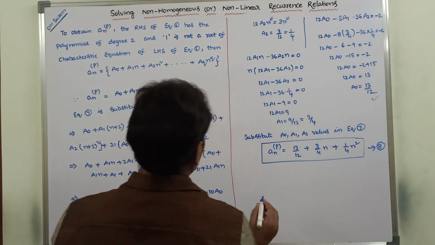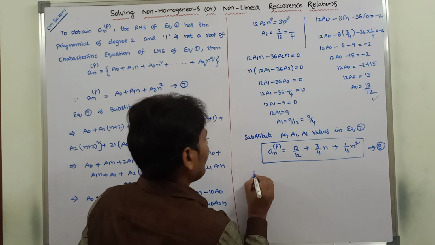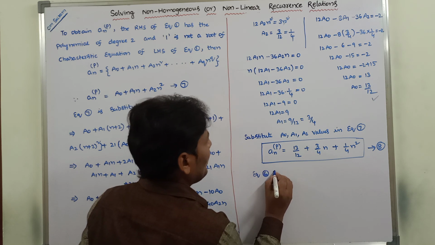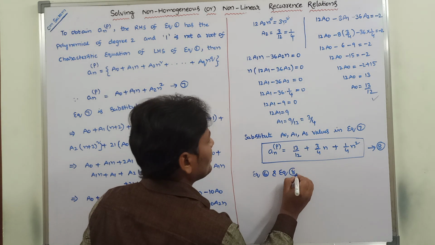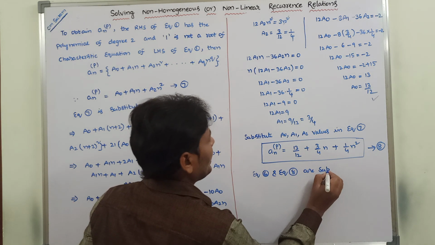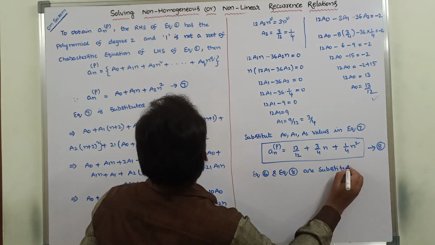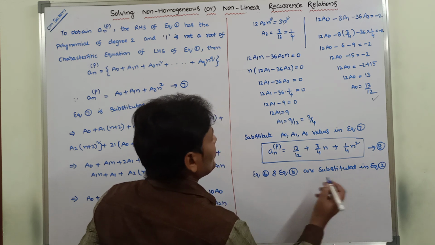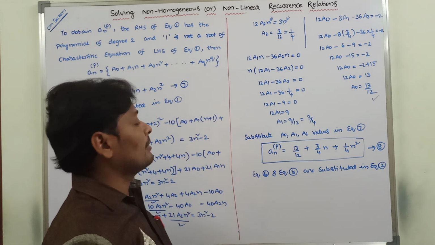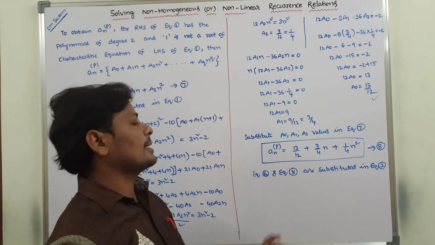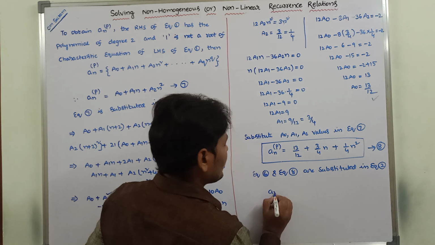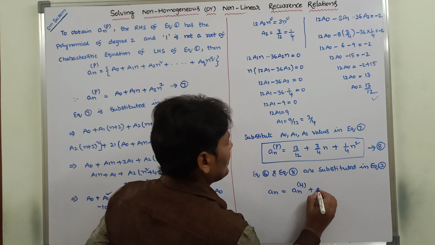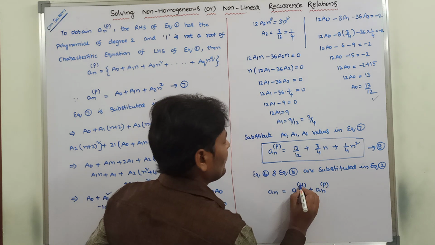Now these values, equation 6 and equation 8, are substituted in equation 2. So equation 6 is a suffix n power h, equation 8 is a suffix n power p. So that is a suffix n is equal to a suffix n power h plus a suffix n power p.